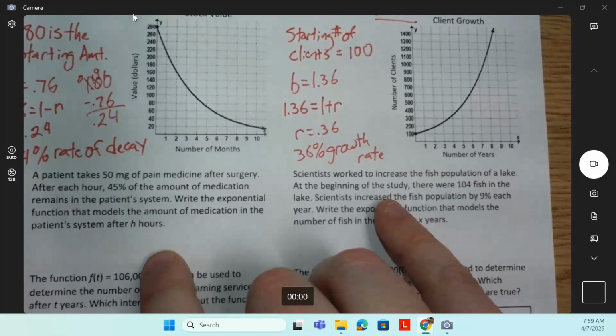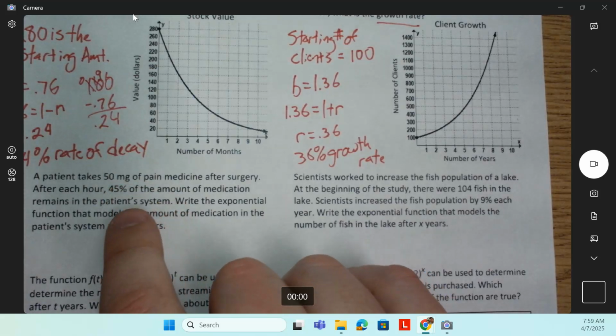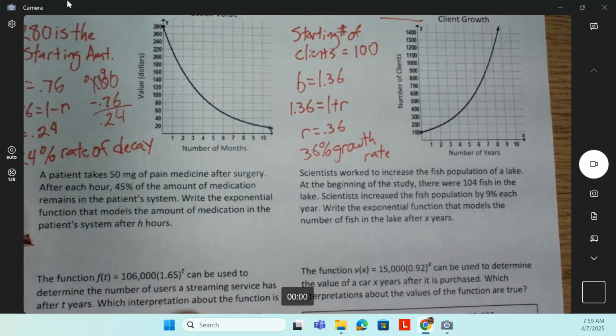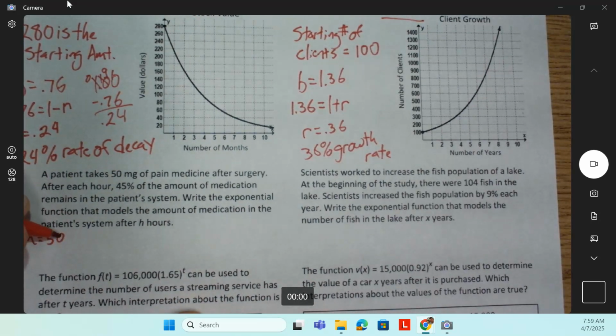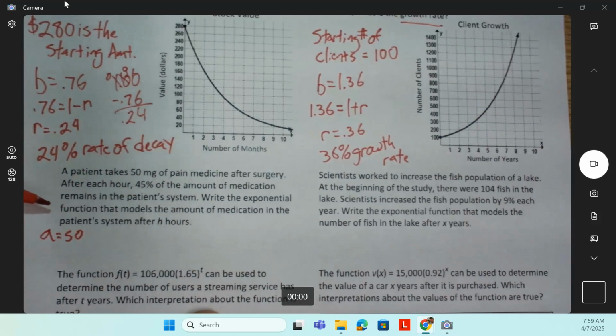So the patient takes 50 milligrams of pain medicine, and for each hour, 45% of the medication remains. What's the exponential function? So a, or the starting amount, would be 50. And it doesn't say it loses 45.